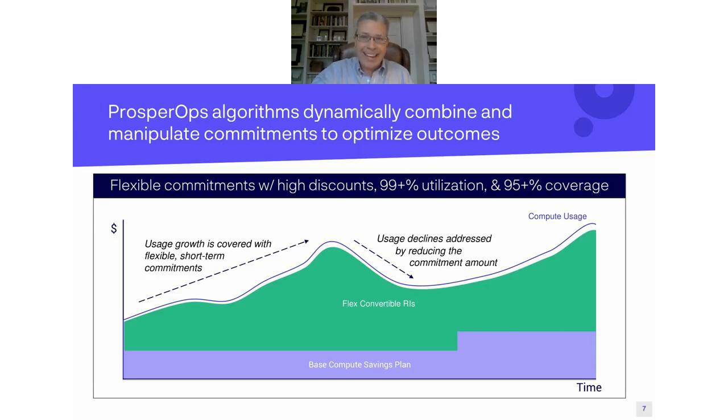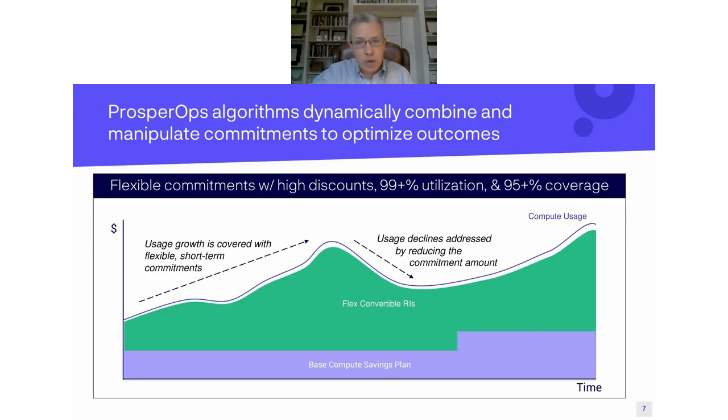Well, the hidden valuable impact of the convertible RI is that it's actually the only AWS savings instrument where you can change the commitment after you've made the commitment. And so when you use a combination of compute savings plans and convertible RIs balanced and wrapped with the appropriate real-time telemetry, algorithms, and automation, you can effectively use the combination of these two instruments together to track your usage up and down.